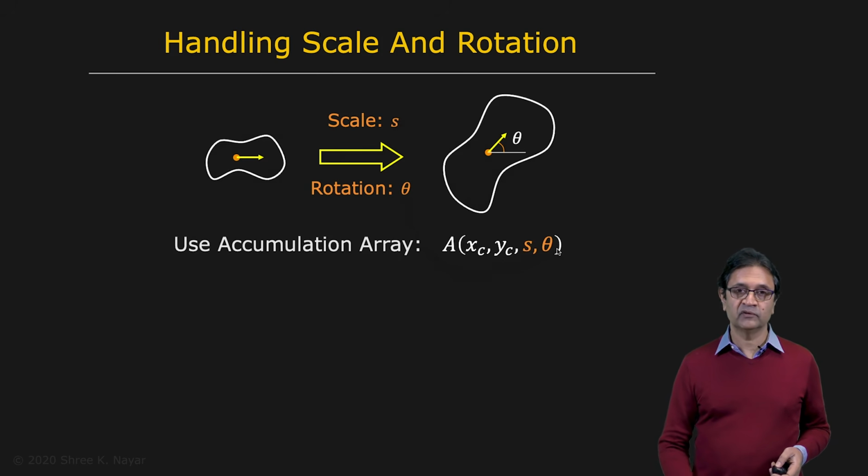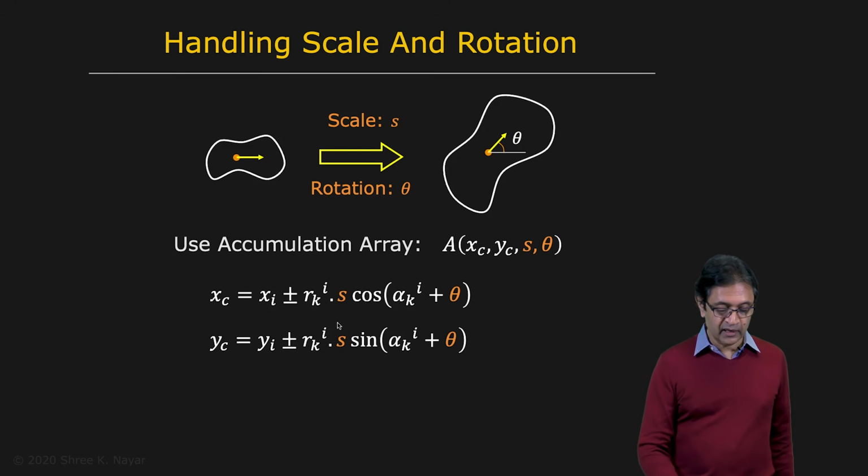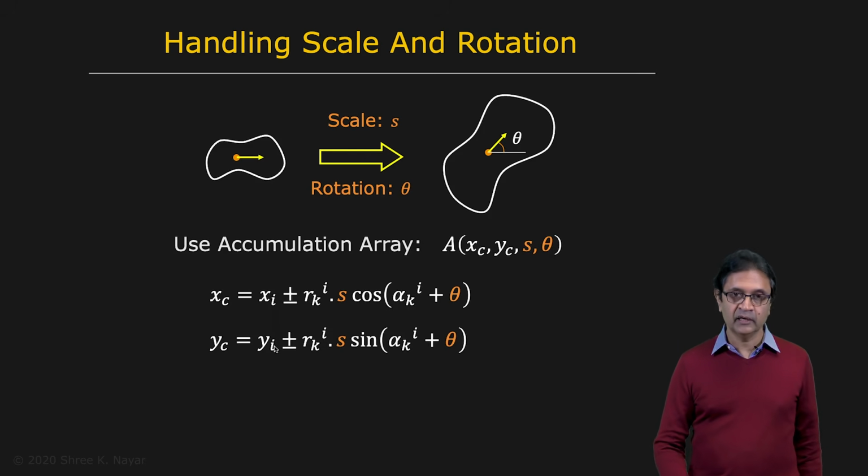So now you've gone from a two-dimensional accumulator array to a four-dimensional accumulator array. And now for any given point xi, yi, with edge direction phi i, you would go in and vote in your accumulator array for your reference point locations xc, yc, but you're voting in four-dimensional space because you've got to vote over many different scales and many different orientations or rotations as well.